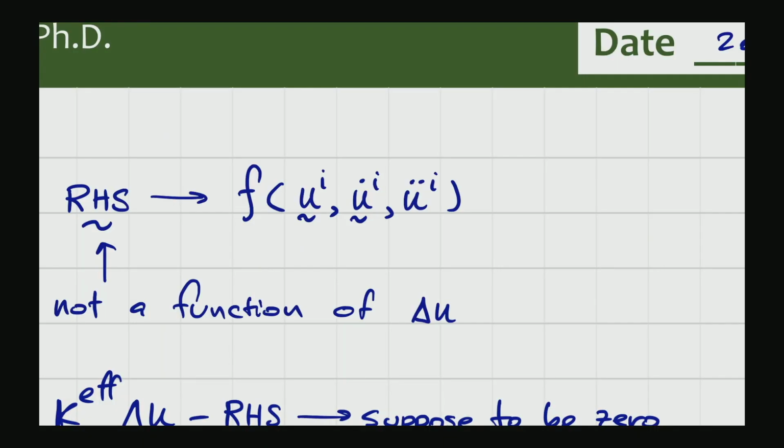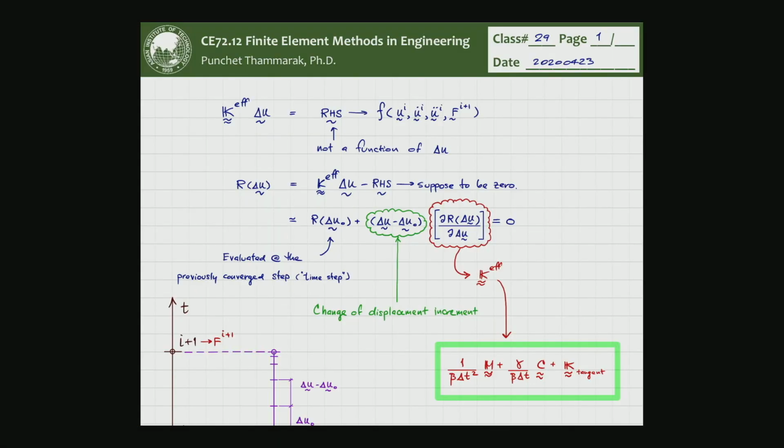But one interesting thing, okay, the i+1 is in there, right? So the i+1 step information is also inside the right hand side, but it is simply not a function of u, of course.